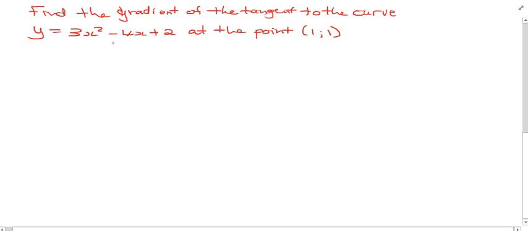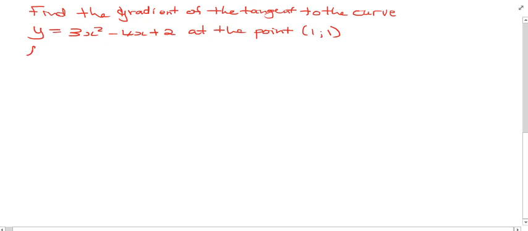So here we're still going to find the gradient using the first principles, and we're also going to find the gradient of the tangent. So we need to find the gradient of the tangent to the curve, and we are given a specific point at 1 and 1. So same story.